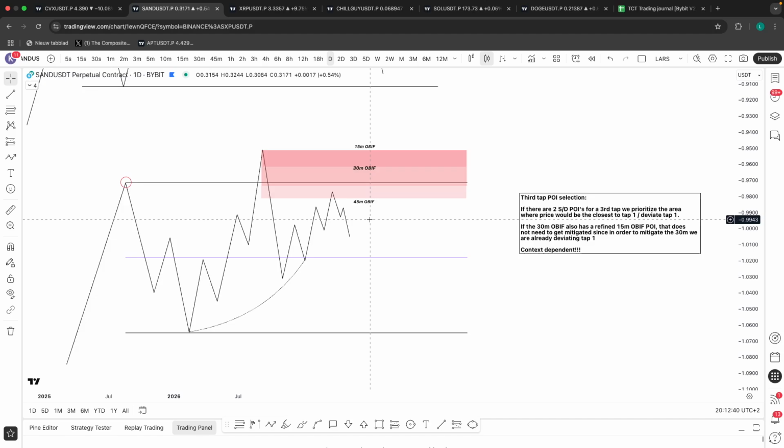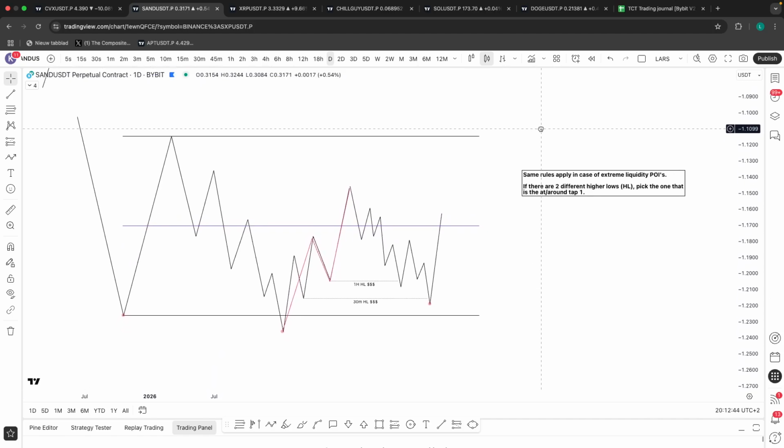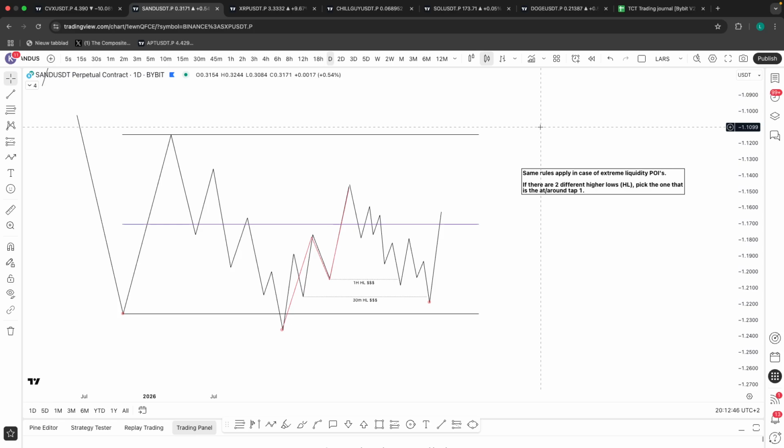Okay? Now, obviously, the same rules apply in case of extreme liquidity POIs. So we're going to be shifting it to an accumulation from a liquidity perspective, where if there are two different higher lows in an accumulative environment, you pick the higher low that is at or around tab 1, where the third tab is at or around tab 1.